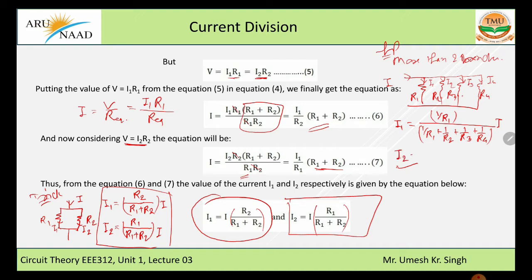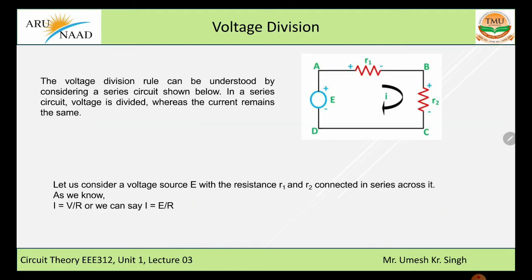For I2, simply 1 upon R2 and all these components which are written, multiplied by total current. For I3, 1 upon R3 divided by the same, and for I4 it is simply 1 upon R4 divided by the same. This will help you in solving the complex GATE numericals.